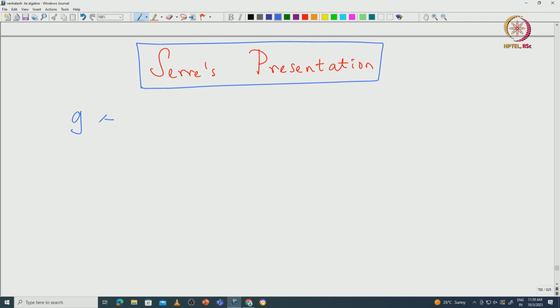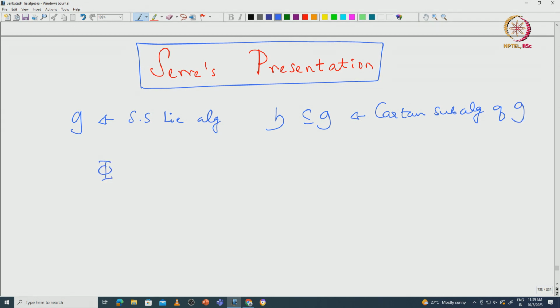If we take g to be a semi-simple Lie algebra, and fix a Cartan subalgebra h inside g, then you have the root system, and inside it you have the set of simple roots.